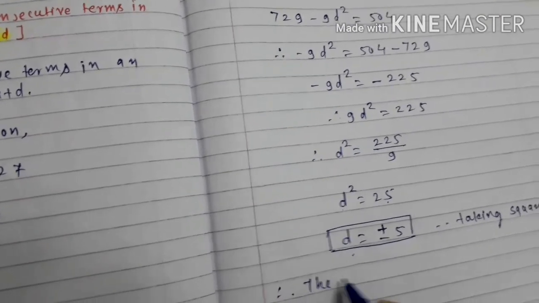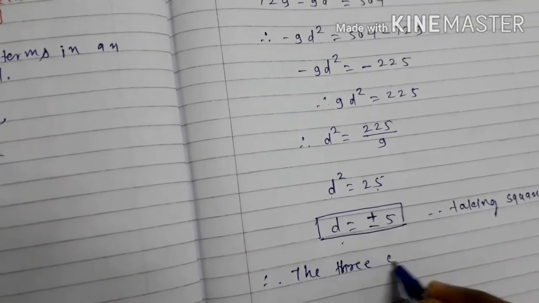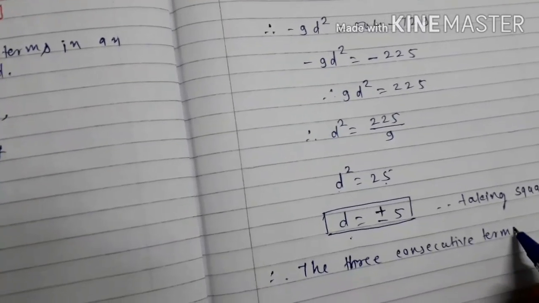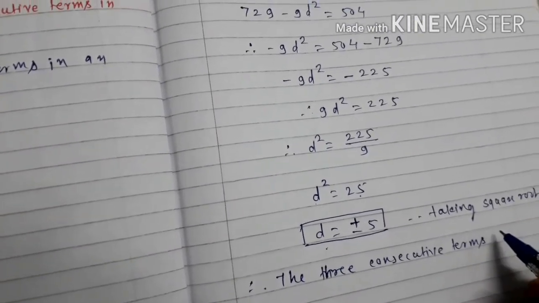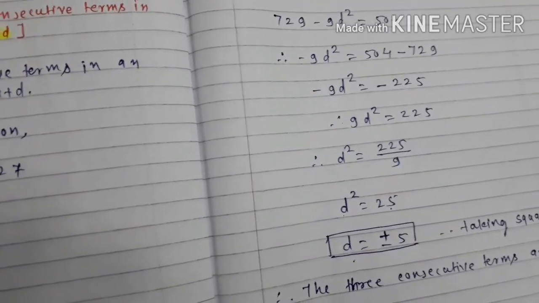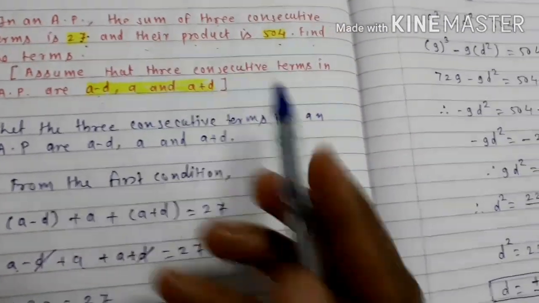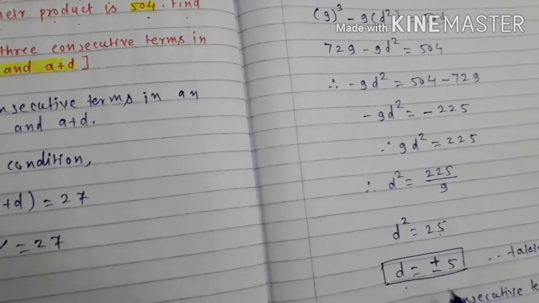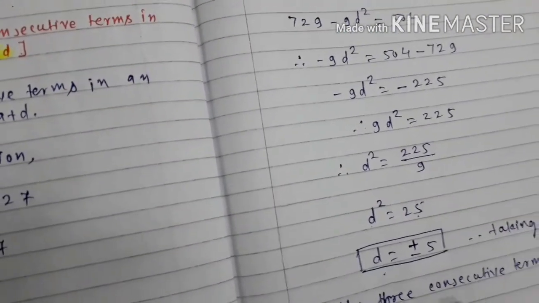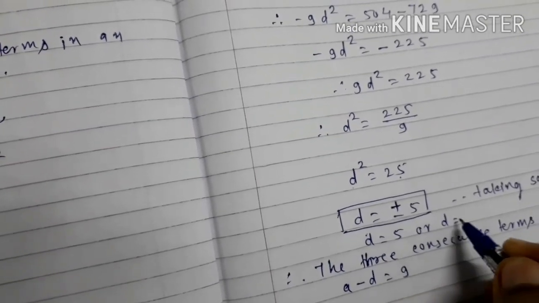therefore the three consecutive terms are a minus d, a, a plus d, where a is equal to 9, so d is equal to plus 5 or d is equal to minus 5.